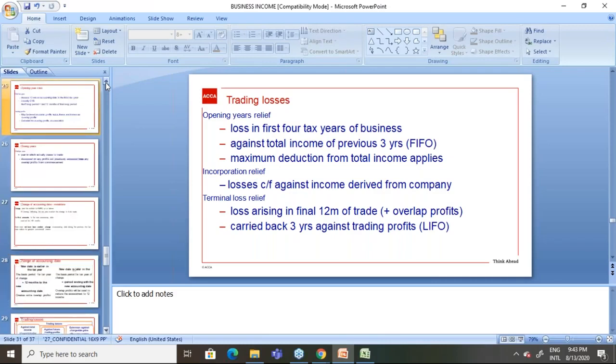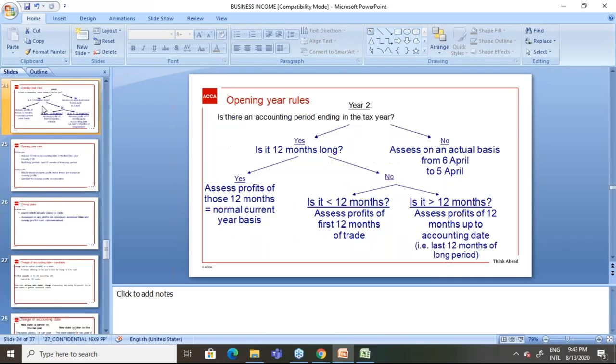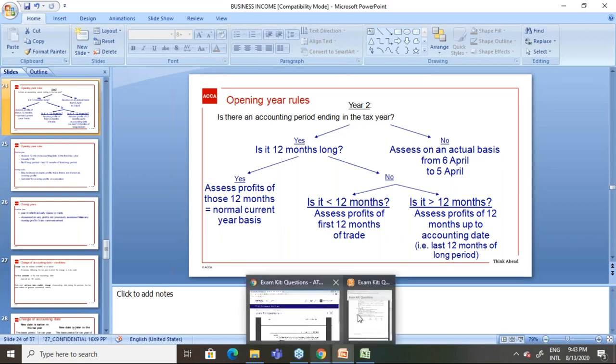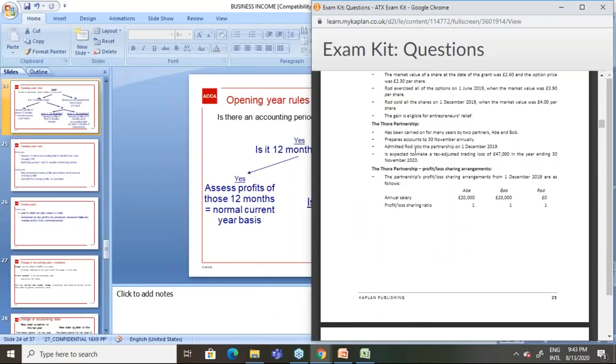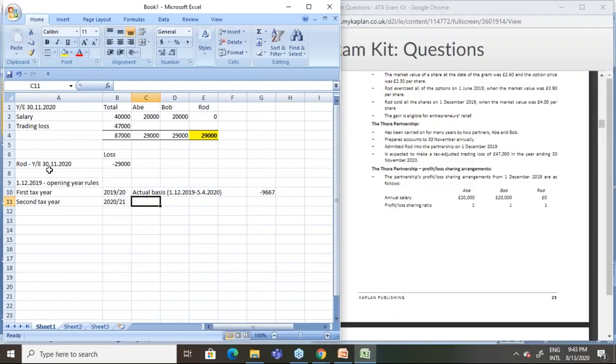Can you remember these rules? For the second tax year, you ask the question, is there a period of account ending in the tax year? Your period of account ends 30th November 2020.